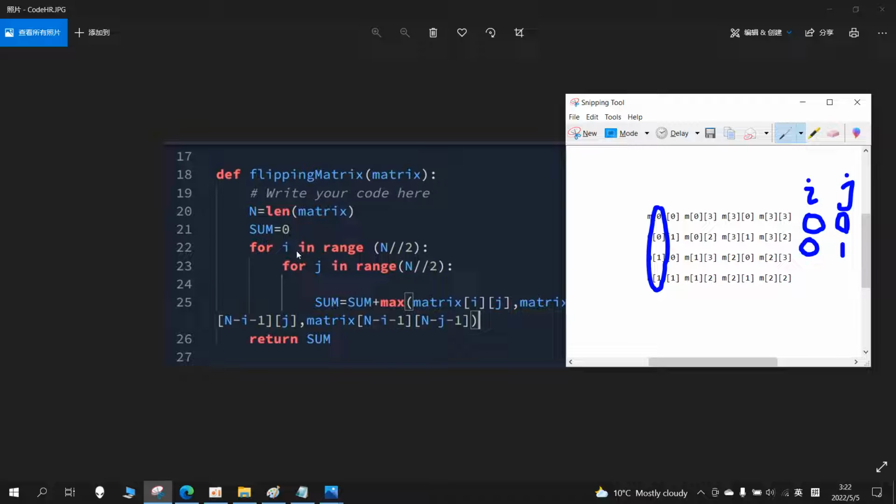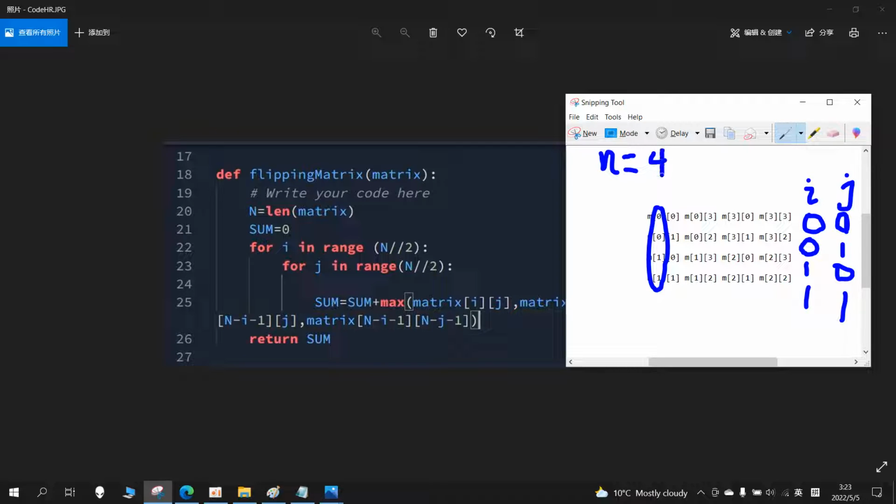And the next i is going to be 1, and j is 0, and i is 1, j is 1. Based on these two columns, we need to think about what's the relation to each column, totally 8 columns, right? And another important parameter is n equals 4.